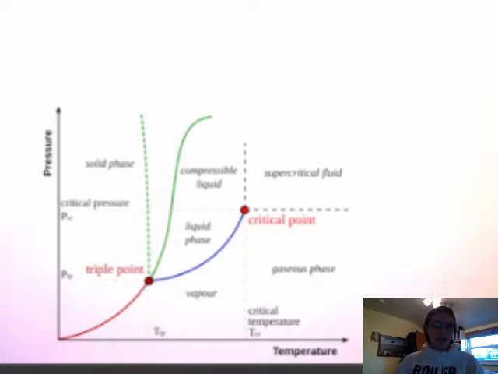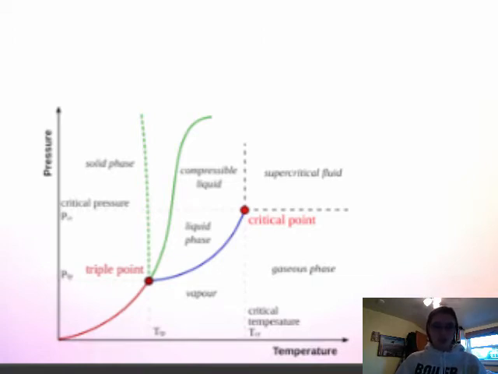The vapor pressure curve ends at the critical point, and at any temperature or pressure above this critical point, the liquid and gas phases are indistinguishable. You can't tell the difference between the liquid and the gas phase, and the substance is then called a supercritical fluid. A supercritical fluid is a substance that takes on properties of both liquids and gases.